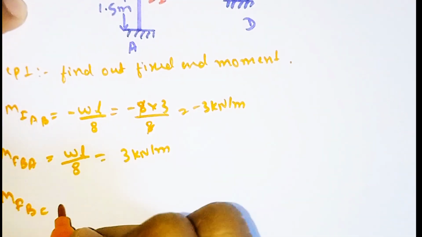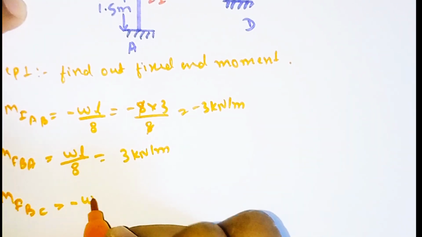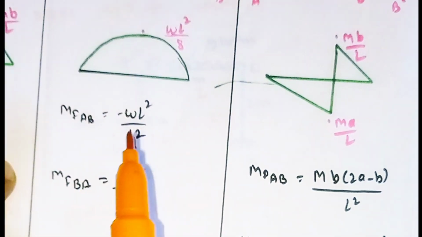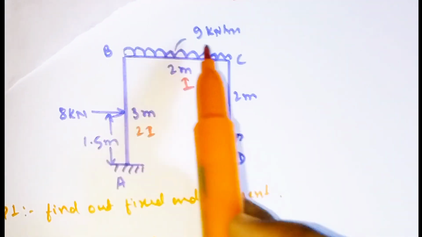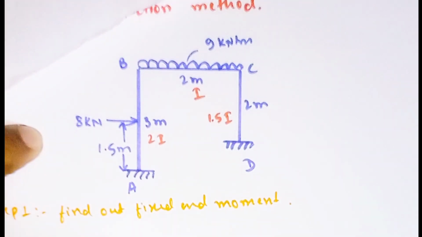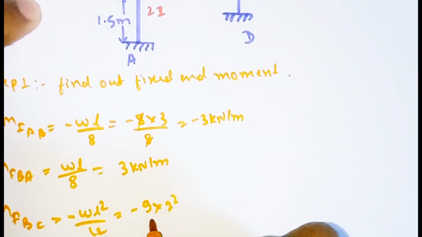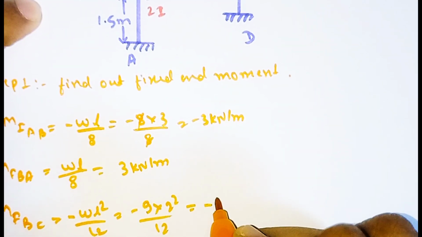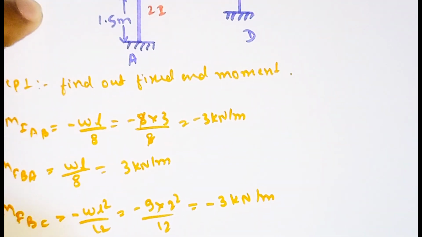So MFBC is equal to minus WL square divided by 12. Minus load is 9, L is 2, so 2 square, divided by 12. Simplifying, it comes out as minus 3 kN-m.